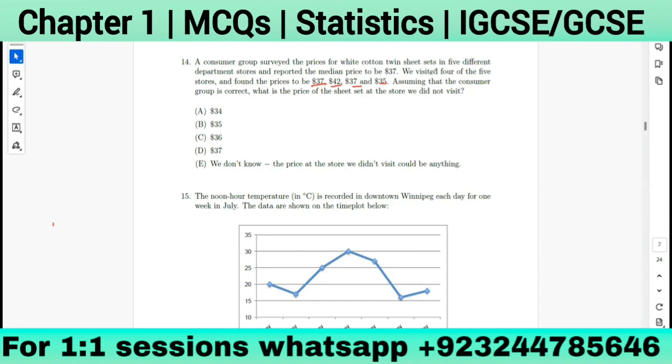There were 5 departmental stores to be visited, the median price discussed was $37, and the 4 prices visited were 37, 42, 37, 35. So now what is going to happen? Assuming that the consumer group is correct, what is the price of the sheet set at the store we did not visit?